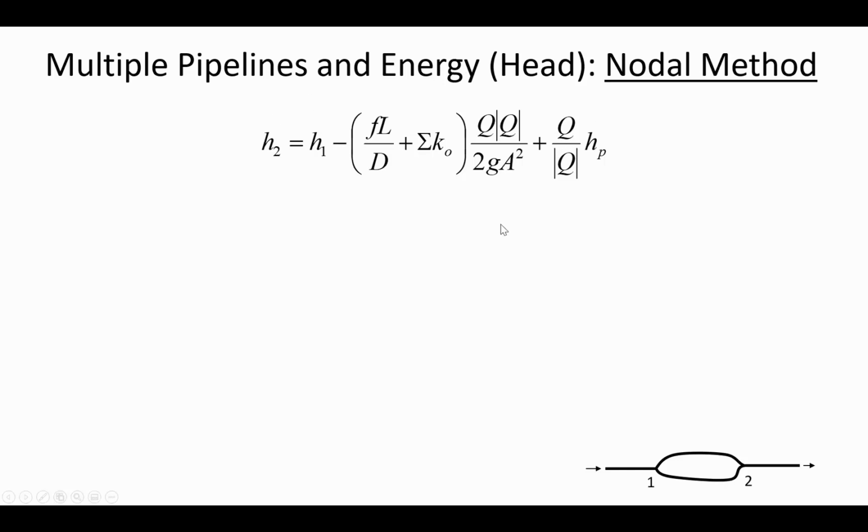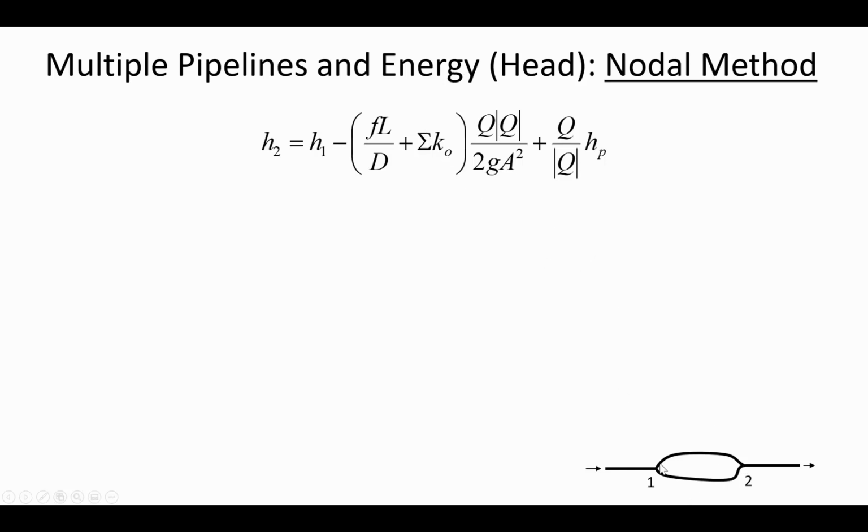All right, so this equation is just the energy equation. It's saying the amount of head at 2 is how much head you had at 1 minus the losses. Now between 1 and 2 in this diagram there's no pump, so forget about that last term. Between 1 and 2 there's just friction losses and local losses, and sometimes there may not be local losses.